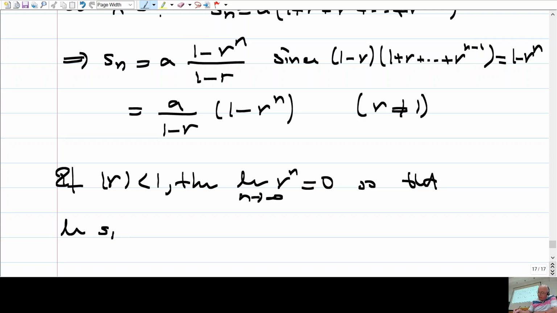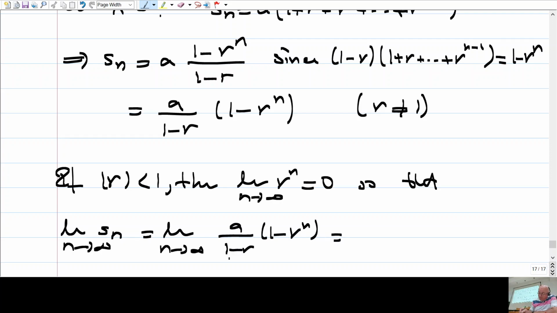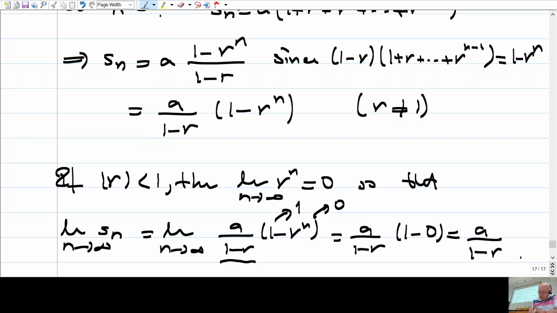the limit of Sn as n goes to infinity is just the limit as n goes to infinity of A over 1 minus r times (1 minus r to the power n). A over 1 minus r is a fixed number, so I can just take it outside the limit. This has limit 1 and this has limit 0. So I have 1 minus 0, so the limit is A over 1 minus r.